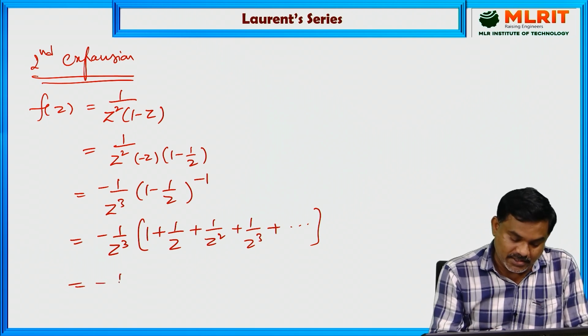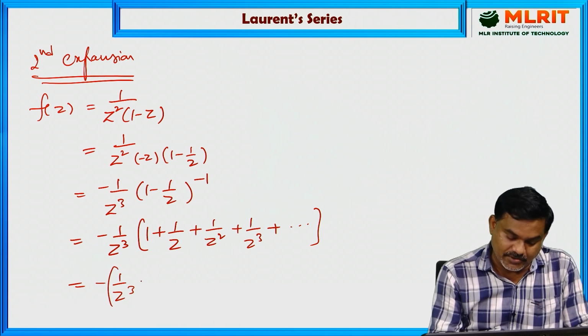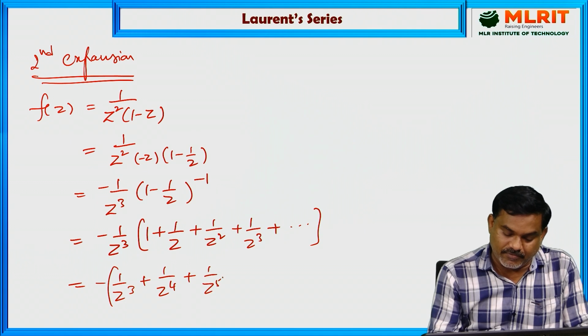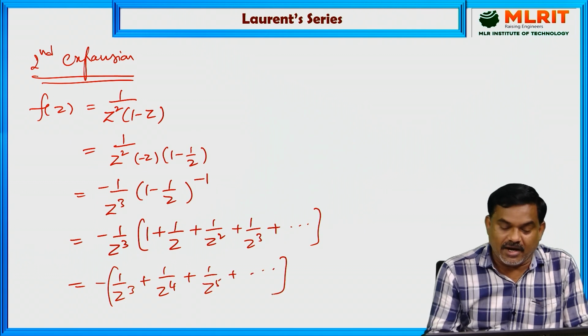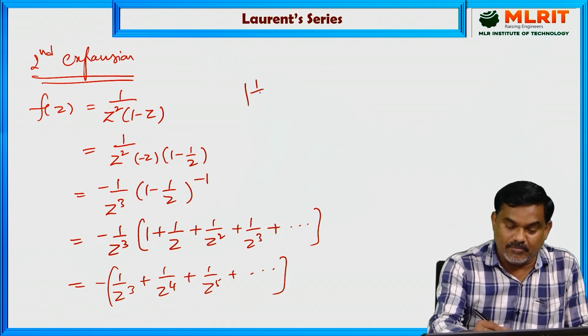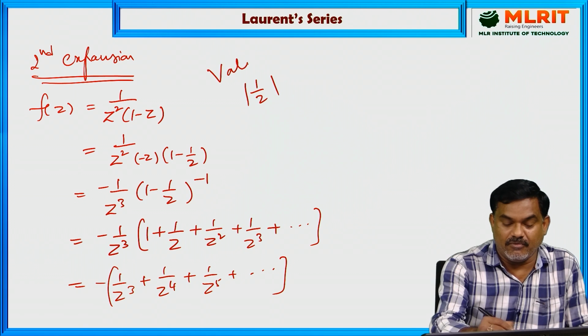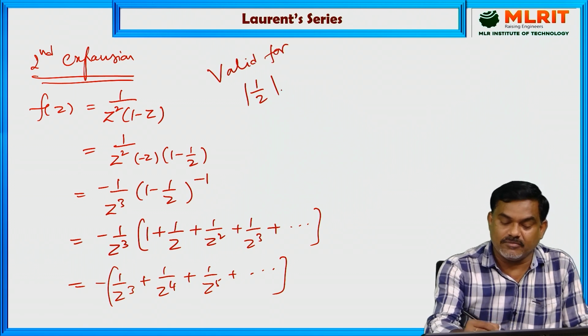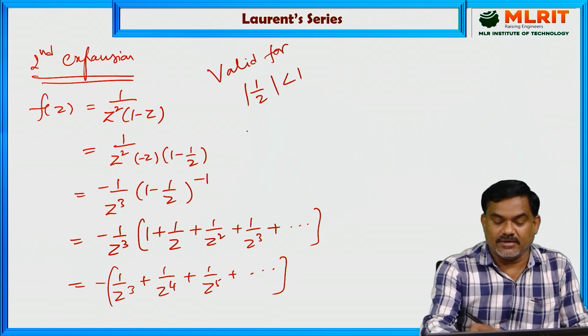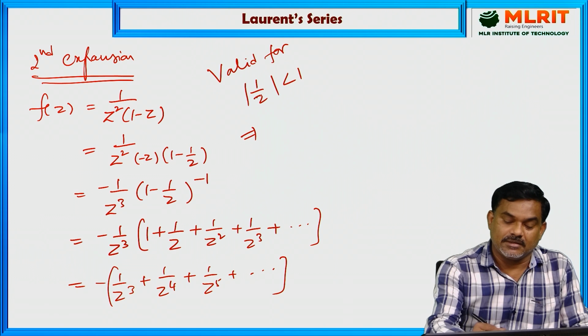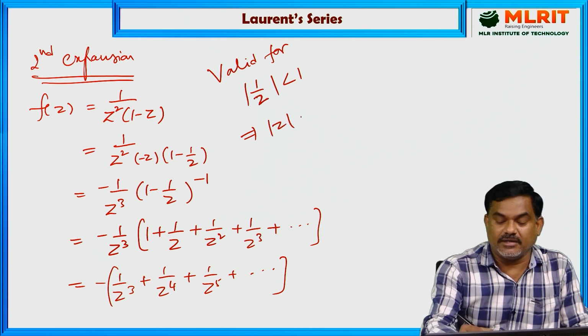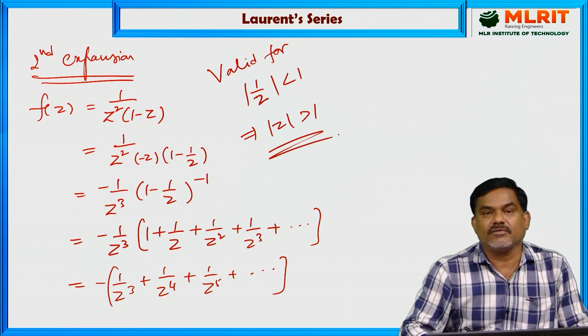So by multiplying with minus of 1 by z cube, we get 1 by z cube plus 1 by z power 4, z power 5 and so on. And this is valid for mod 1 by z less than 1. That implies mod z greater than 1. So this is the reason of validity.